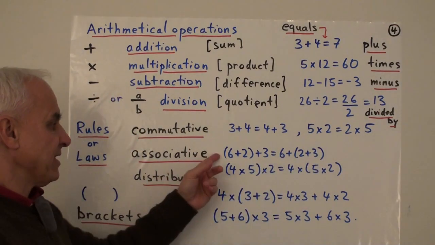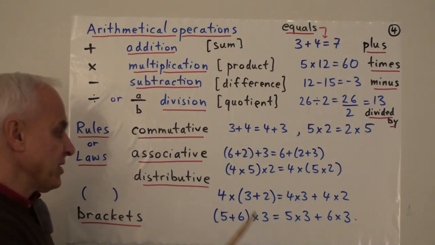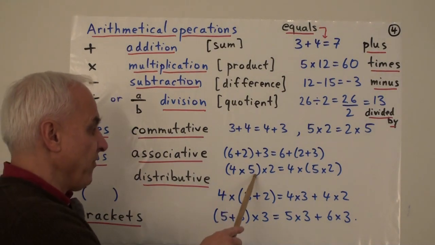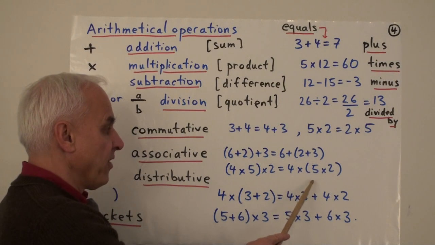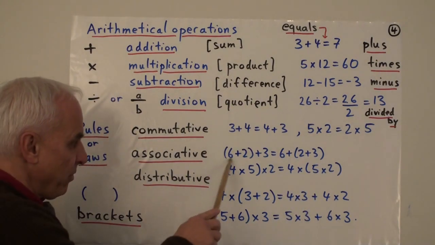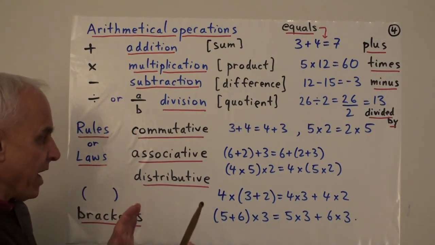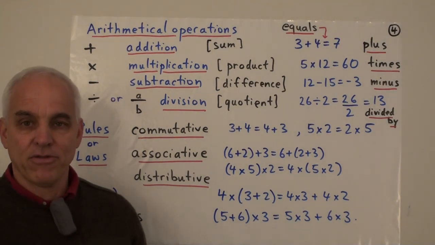The associative law says that those 2 are going to be the same. And there's an associative law for multiplication too. 4 times 5 times 2 equals 4 times 5 times 2. And these symbols that we're using here are called brackets. They're used to organize the terms in an arithmetical equation.